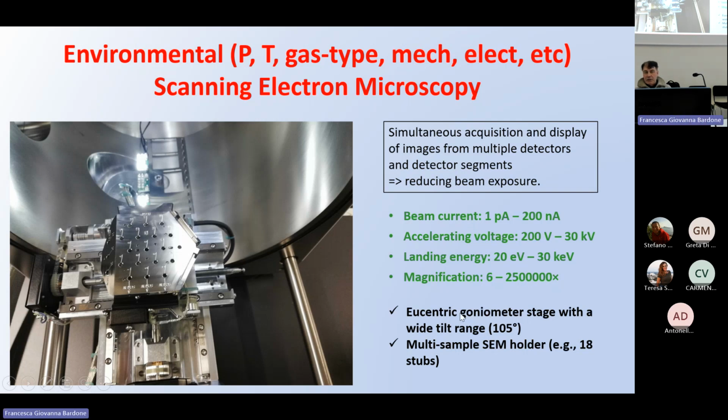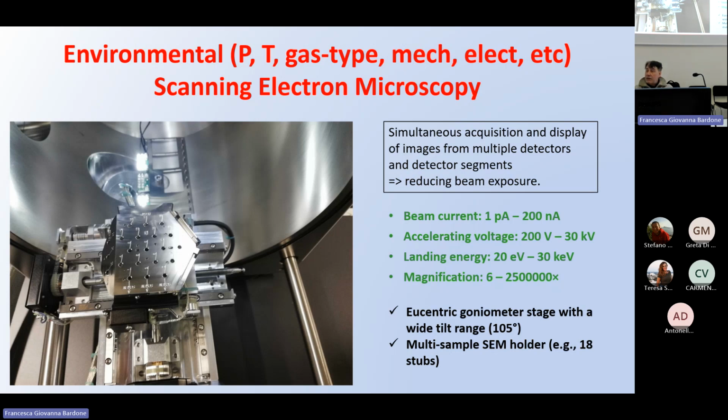The goniometer is eccentric. Do you know what eccentric means? Eccentric means that you can fix your sample, and usually when you rotate, because you have a tilt, the sample rotates with the tilt, and you lose the sample, because if the electron hits here and you rotate, you move your object with respect to the electron.